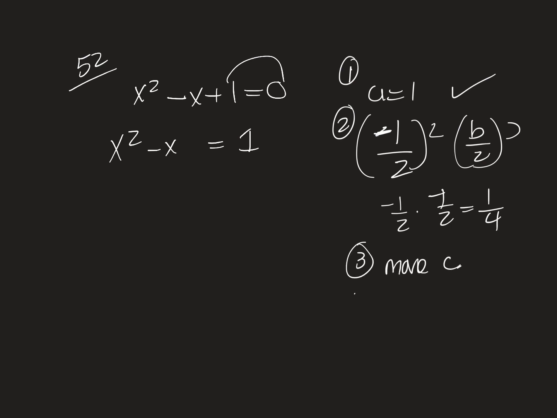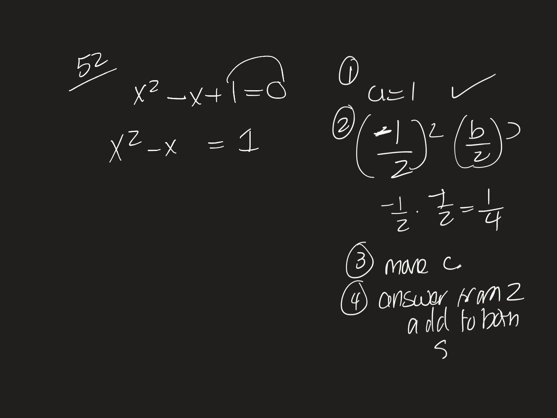Okay, and then we take the answer from 2 and add to both sides. So now we're going to add this 1/4. Oh, did I square it? Yeah, I did.